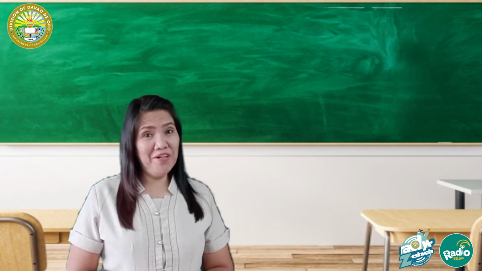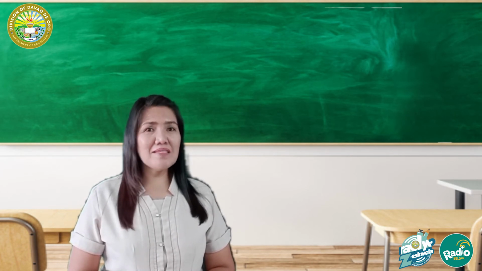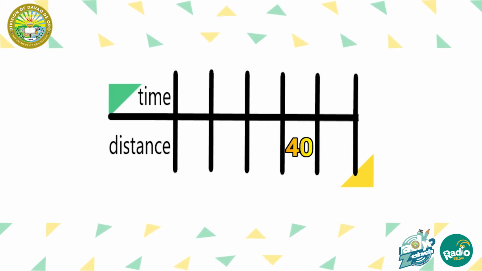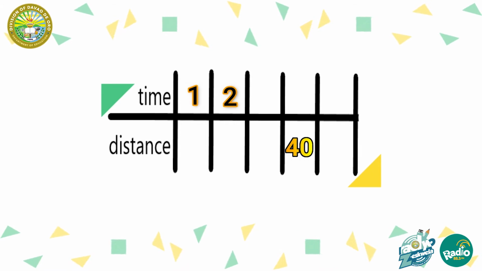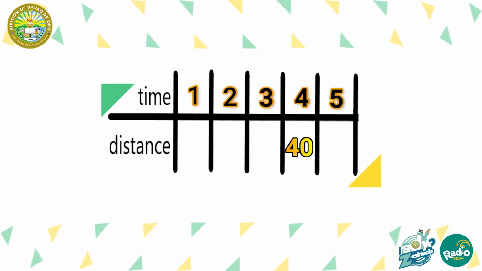To further understand direct variation, let us make a table of values. In your notebook, make a table with 5 columns and 2 rows. The first row will be the time, and the second row will be the distance. Write 1, 2, 3, 4, and 5 in the first row.